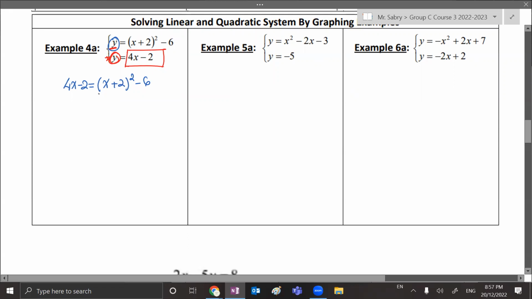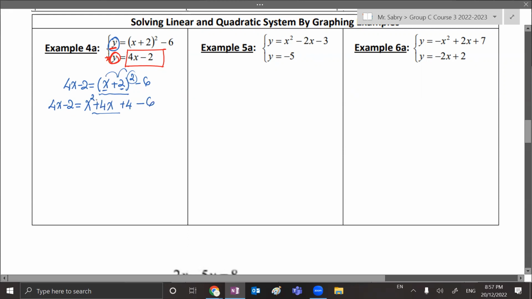I will have to expand this bracket first. So the 4x minus 2 will remain. But this bracket, when I expand, I do the first one power 2, then leave some space, then the second one power 2, then in the middle this times 2 which is 4x, and then minus 6.